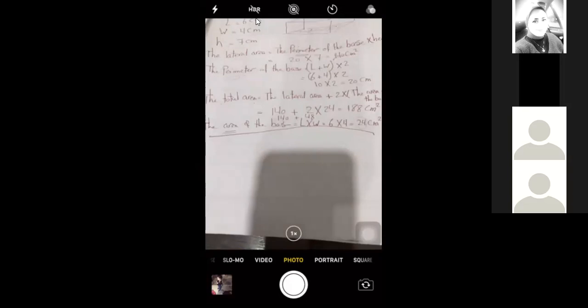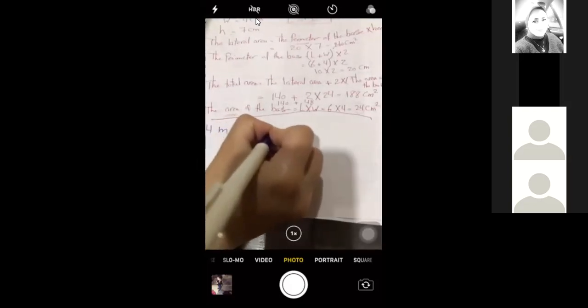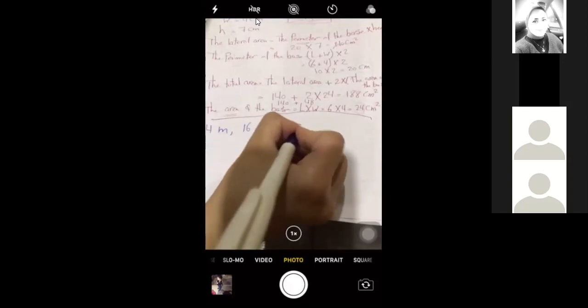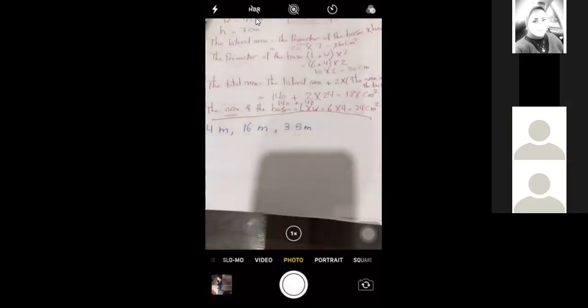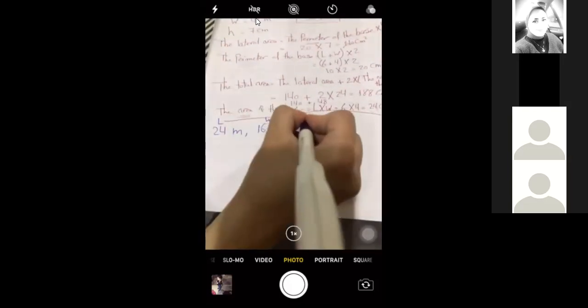He said to you that the inner dimensions of a swimming pool are, he gave you the inner dimensions, 24 meters, 16 meters, and 3.5 meters. That means this is the length, this is the width, and this is the height, because these are dimensions.